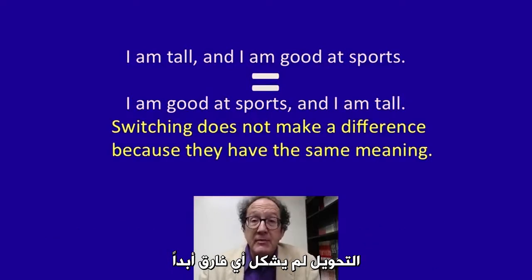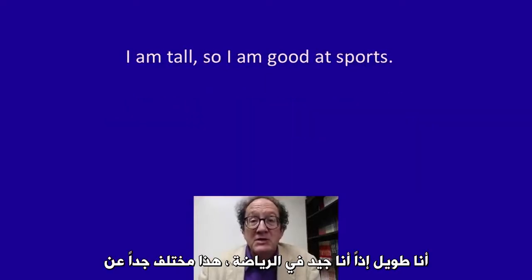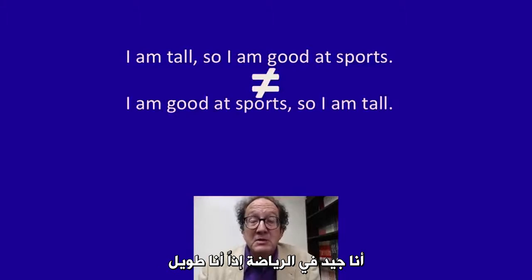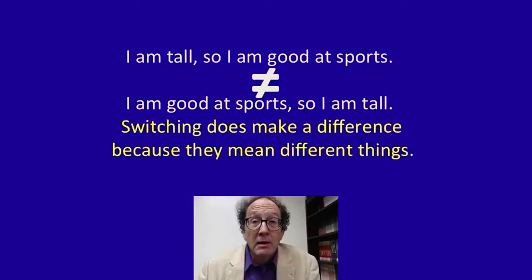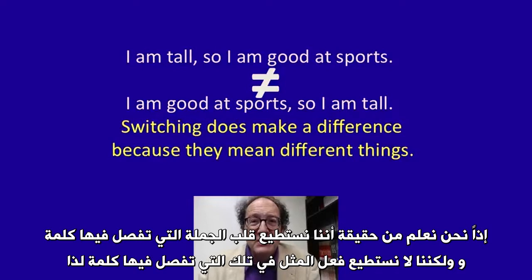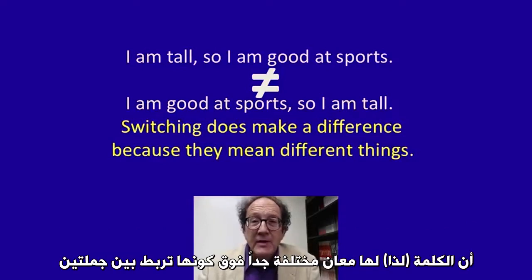Switching doesn't make any difference. But it's very different if you say, I am tall, so I am good at sports. That's very different from, I am good at sports, so I am tall. So we know from the fact that you can switch around the and sentence and you cannot switch around the so sentence, the word so introduces something very different from just conjoining the two claims.